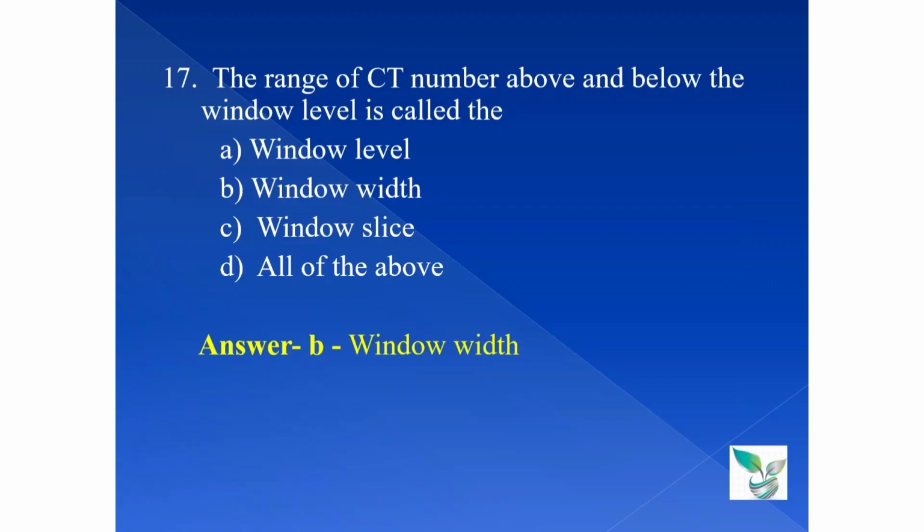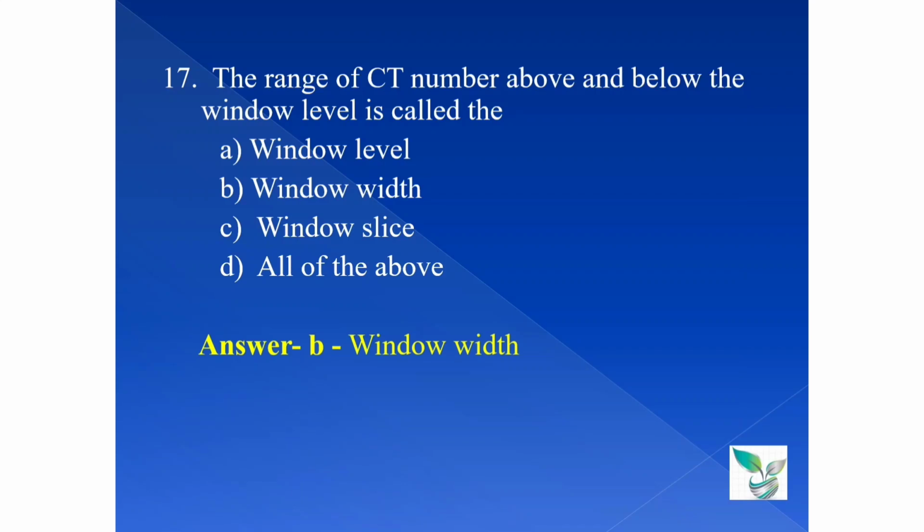The range of the CT scale, you might have seen, or if you have not observed, just see from today onwards. When we are acquiring one cross-sectional image, to the side of that image you can see the scale shown.